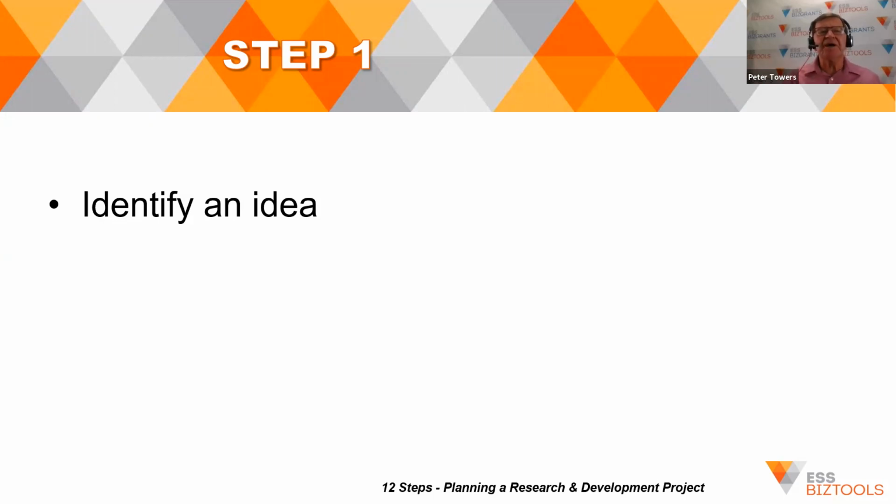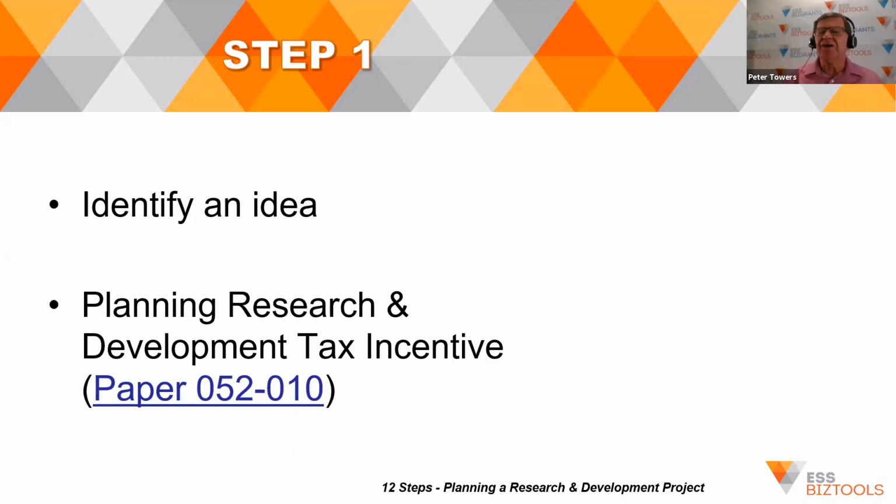Or they may have been fiddling on their computer and have developed some ideas for some new packages that they could develop and sell. So the idea needs to be identified. That's the first step. You can't have research and development without an idea.